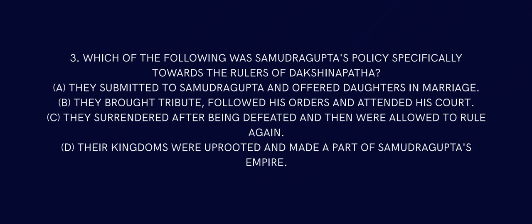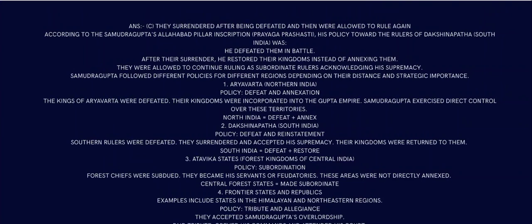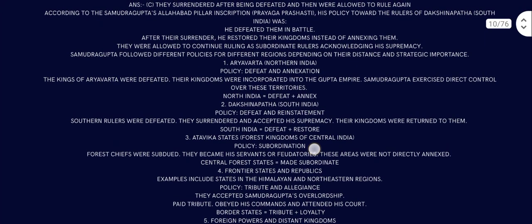So for Dakshinapatha, what did he do? He gave them their kingdom back. They surrendered after defeat, and then he allowed them to rule again. So this is the description of how that happened. According to Samudragupta's Allahabad pillar inscription, that is the Prayaga Prashasti, his policy towards the rulers of Dakshinapatha, that is South India, was that he defeated them in battle.